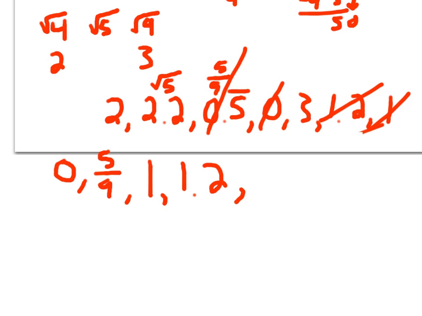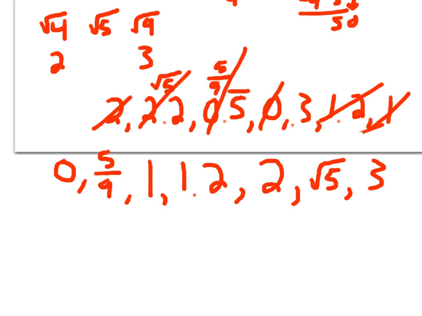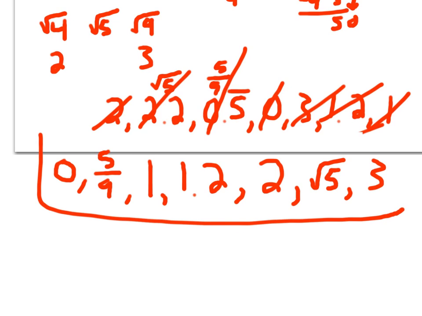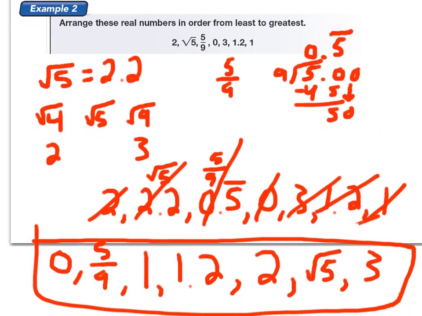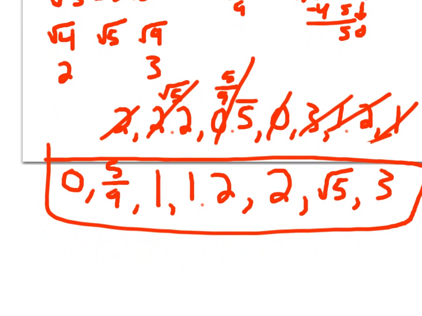After that, it's going to be 2. Then 2.2 comes next, but that was originally written as the square root of 5. And then 3. So there's all our original numbers in order from least to greatest. Again, convert them all to decimals first, anything that's not in decimal form, then order them.